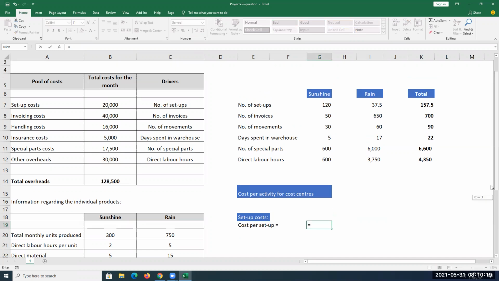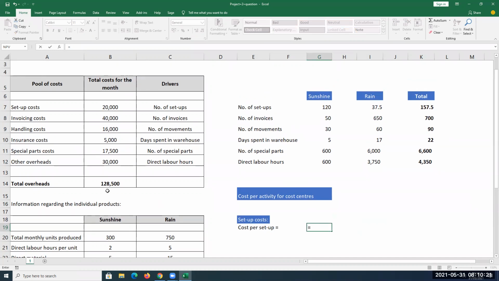So total fixed cost is 128,500. Out of this total cost, how much fixed cost relates to the setups? 20,000 divided by the cost driver, which is number of setups. The total number of setups we calculated is 157.50.